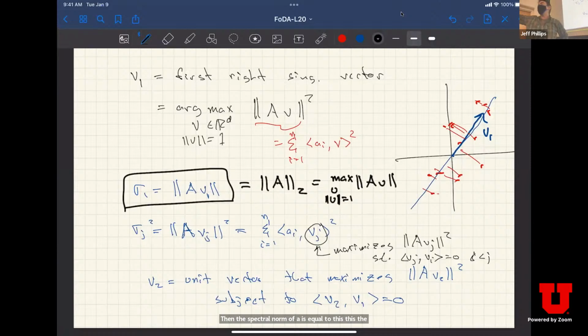This was the definition. Maybe you saw it in linear algebra class or earlier in the semester. It turns out that spectral refers to things like singular value and eigen-decompositions, and it's equal to sigma 1. So sigma 1 gives you the spectral norm.